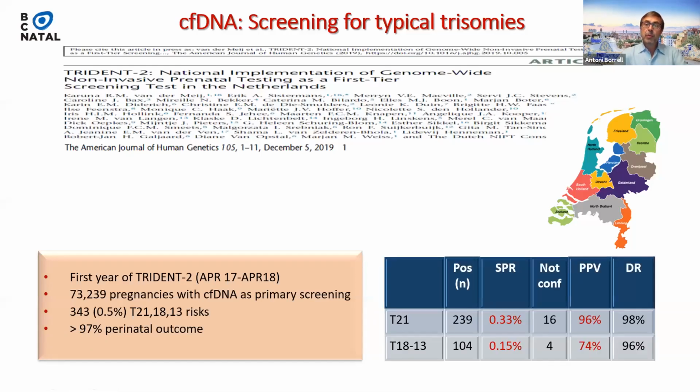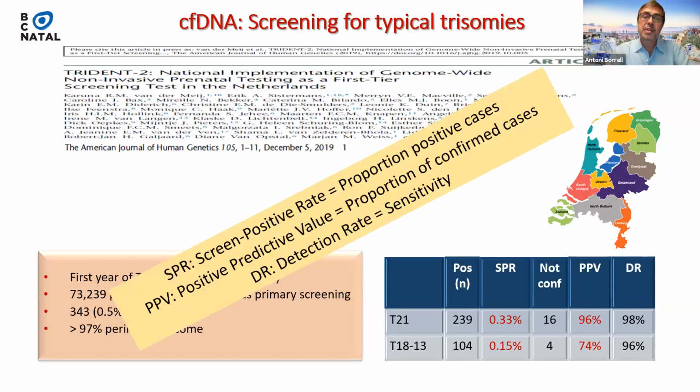And when we analyze the performance of cell-free DNA, we will use these parameters. We will use the screen positive rate, meaning the proportion of cases that are screen positive among all the screened cases.